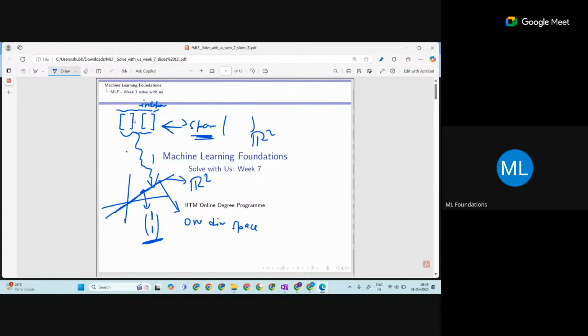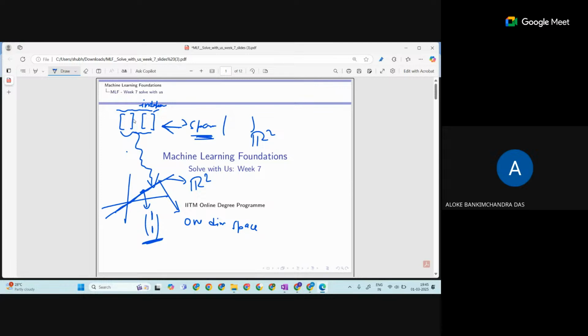PCA is not a projection, it is an algorithm. I am saying it in layman's words. Two-dimensional cannot be a plane, sir. Two dimensions has to be Cartesian x and y. For a plane you need a third dimension, x, y, z. A plane requires a third dimension. No, in two dimensions a plane will be there. Why not? x, y is a plane.